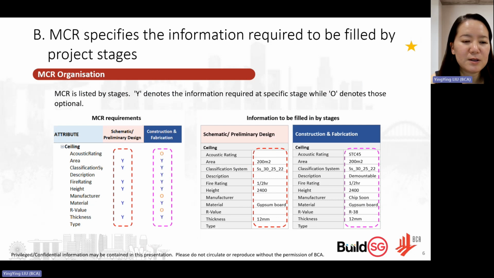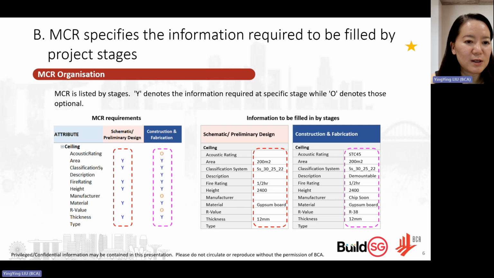This slide explains examples of how to fill in the information according to MCR requirements. The table on the left is quoted from the MCR pivot table. The table on the right shows how the project teams fill in the information according to MCR.